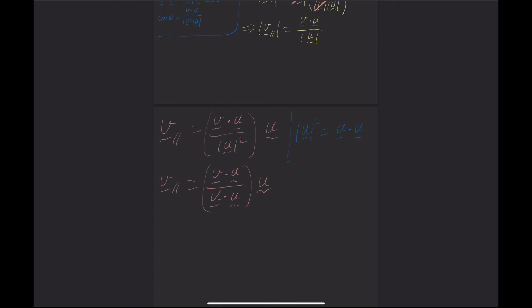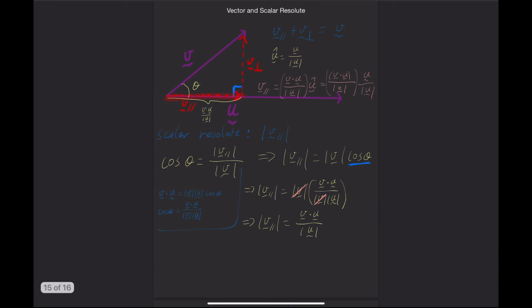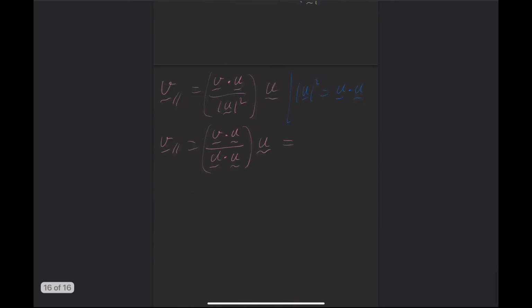And we can really tighten it up if we wanted to, because if we want to go back the other way, we know that the scalar resolute is v dot u over magnitude of u. So let's go back to this definition.